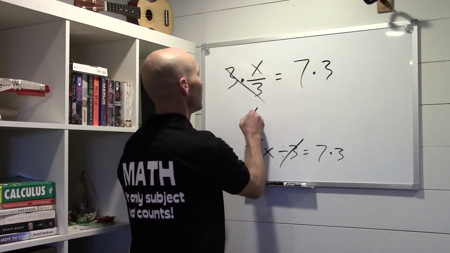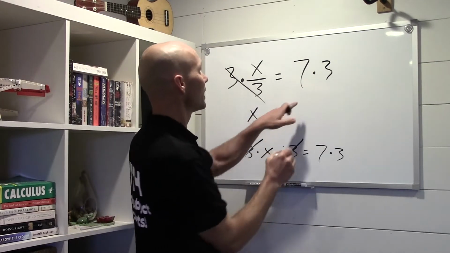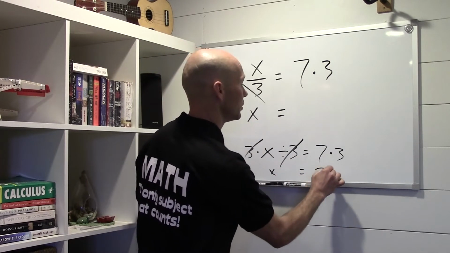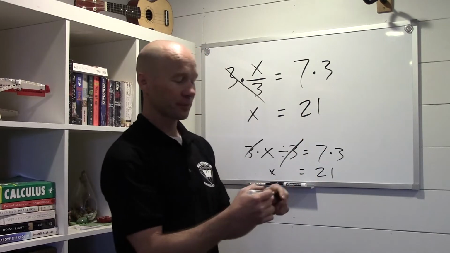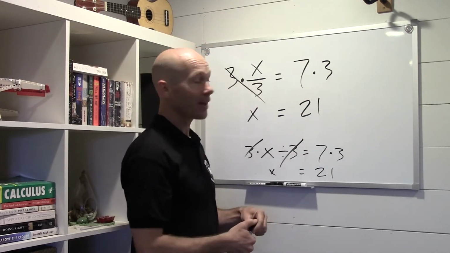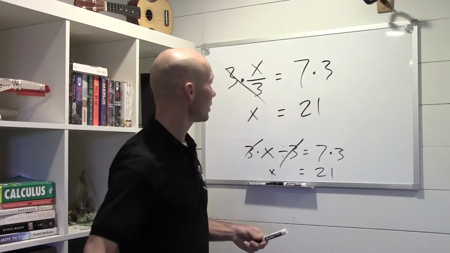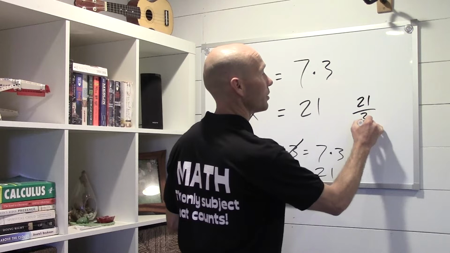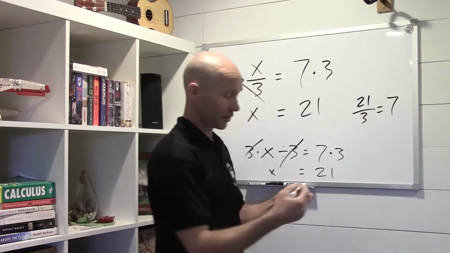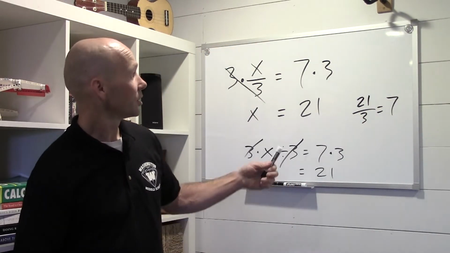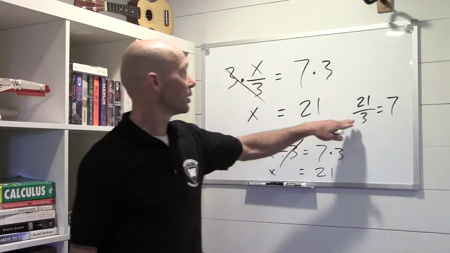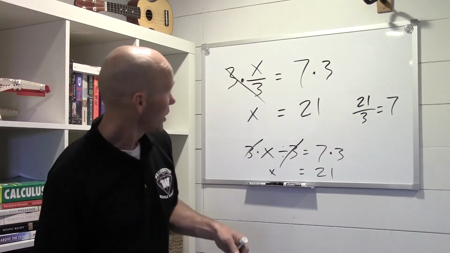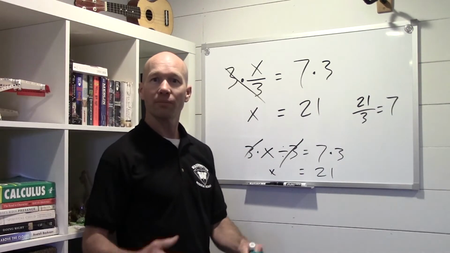We have x on one side of the equation, and 7 times 3, x equals 21. Let's try that one out for size as well. If I put 21 instead of x divided by 3, I get 7. And it does prove itself to be correct, because 3 times 7 is 21, and 21 divided by 3 is 7. All right, so there we go. That's how we do that.